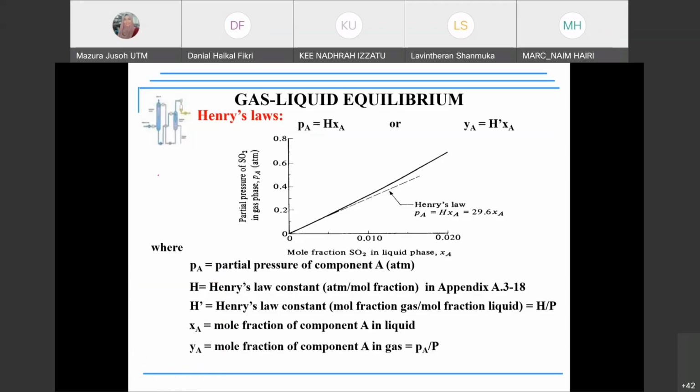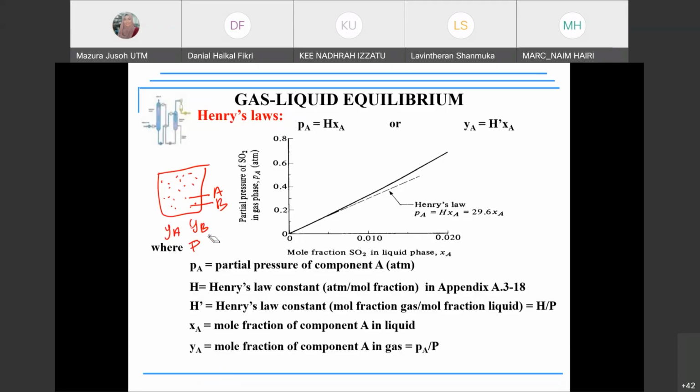Okay, so in a container, let's say there is a mixture of gas A and gas B. You will have moles of A and moles of B, and you will have pressure, capital P, which is the total pressure.